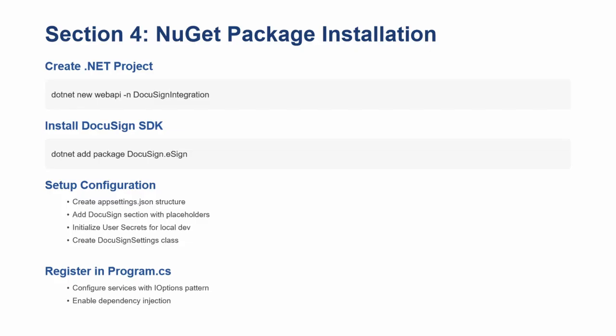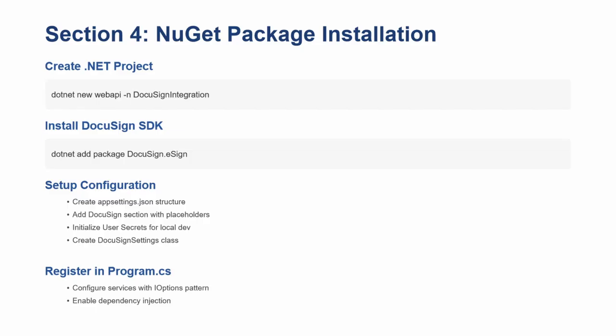Next we configure the application settings. Using appsettings.json, we define the DocuSign section with placeholders for credentials and environment values. For local development, we use user secrets or initialize it in the app settings, and for production, we can store it in Azure Key Vault or any safe place for your project.